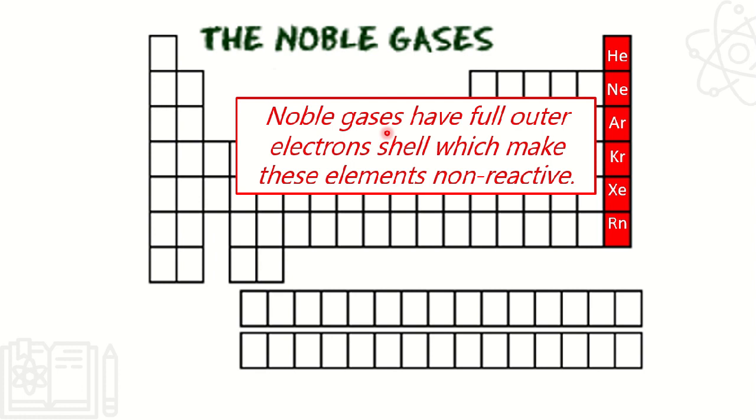Nasa kanila na yung lahat, wala na silang kailangan. In science, ang reason kasi ang kanilang outer shell is already full of electrons. Puno na ng electrons yung outer shell nila, therefore hindi na nila kayang tumanggap ng electrons from the other atom. Yan ang reason kung bakit wala silang electronegativity, because they are considered to be noble gases and noble gases are non-reactive.